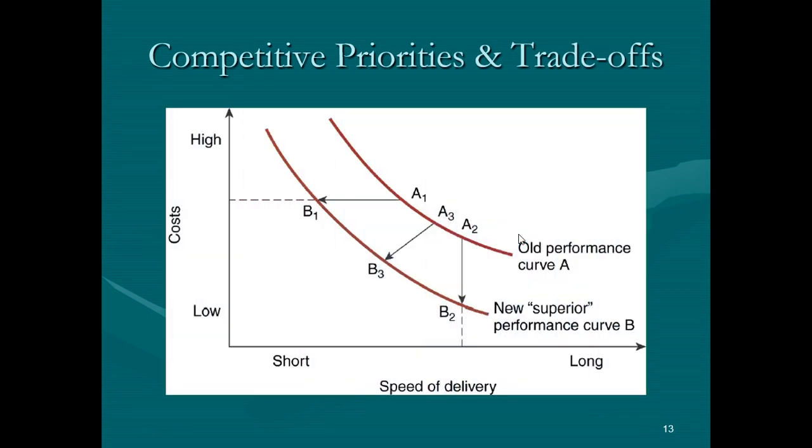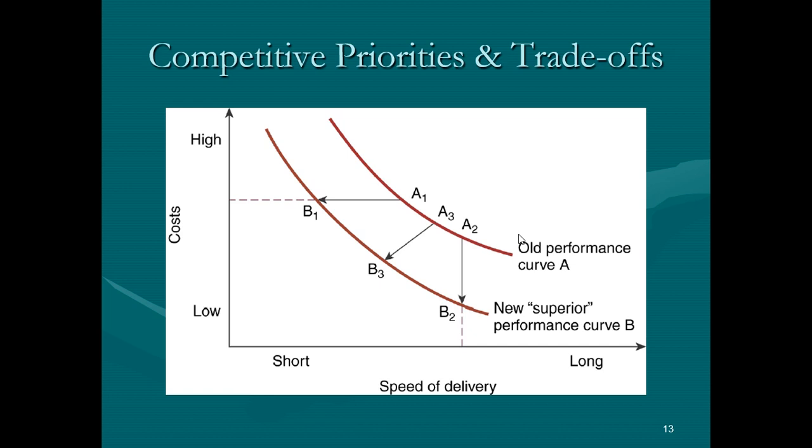Here we'll find a graph for costs and speed of delivery. The old performance is represented by curve A, and the new superior performance is represented by curve B. Curve A reflects a high cost and long time for delivery.